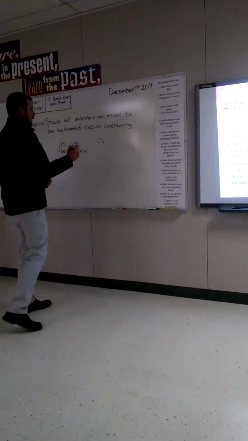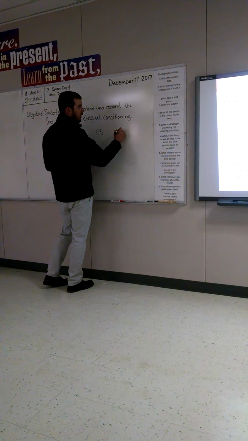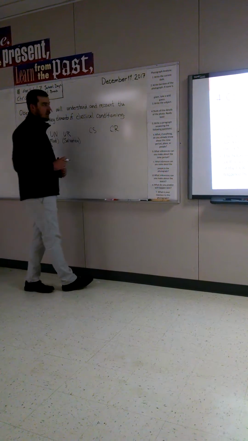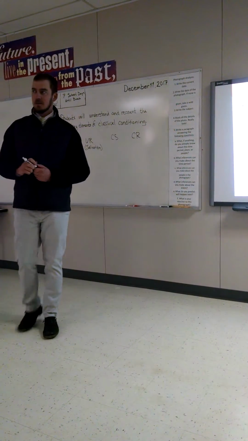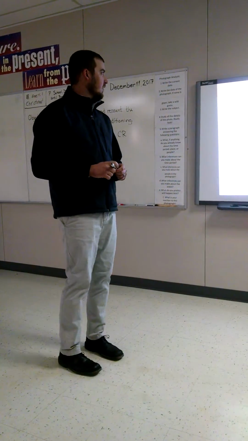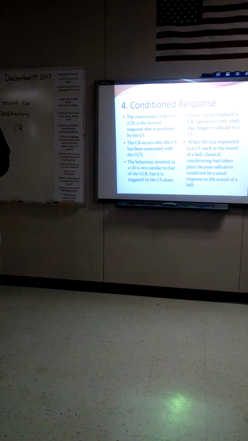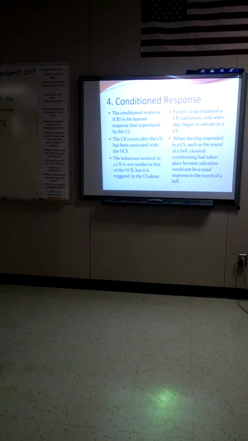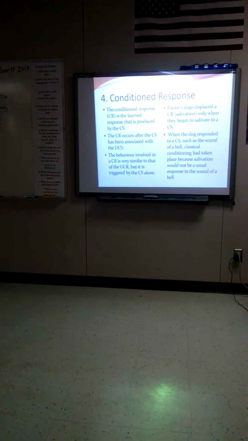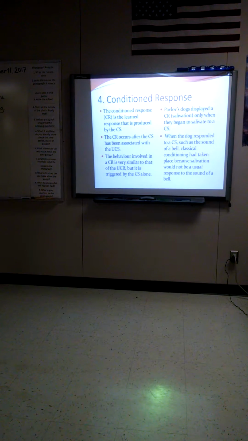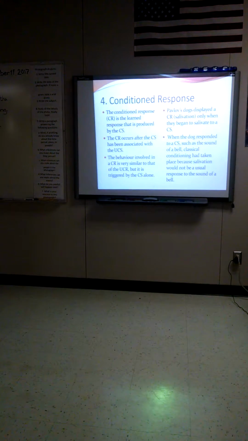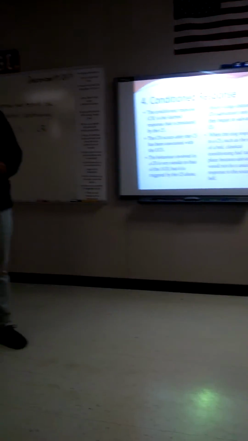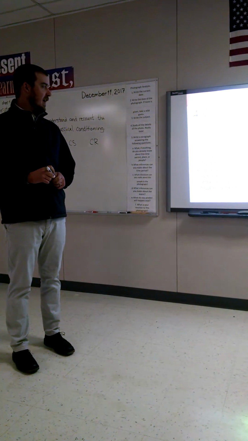So now we have the 4th one, which is conditioned response. You guys should be writing these down. The conditioned response is the learned response that is produced by the conditioned stimulus. The conditioned response occurs after the conditioned stimulus is paired with the unconditioned stimulus. There's a lot of stimuli.